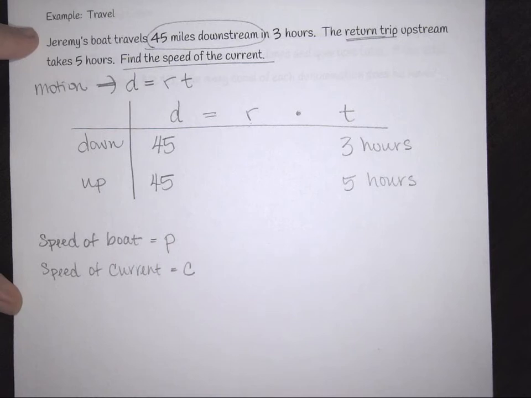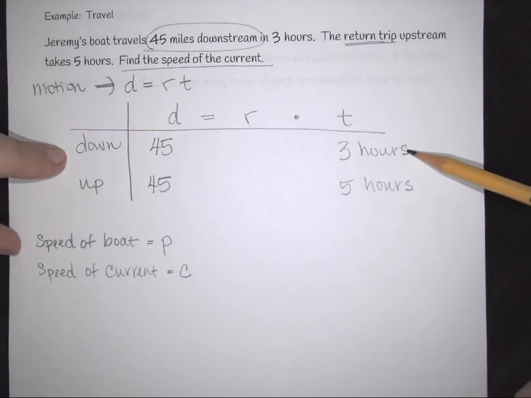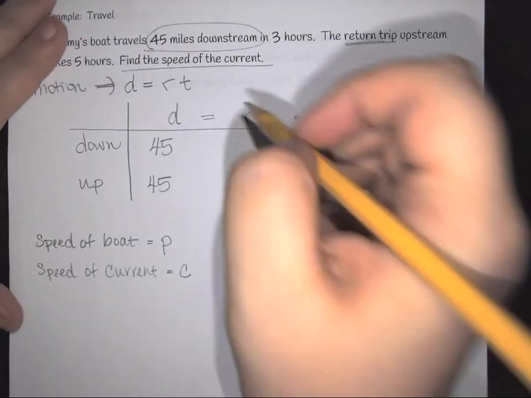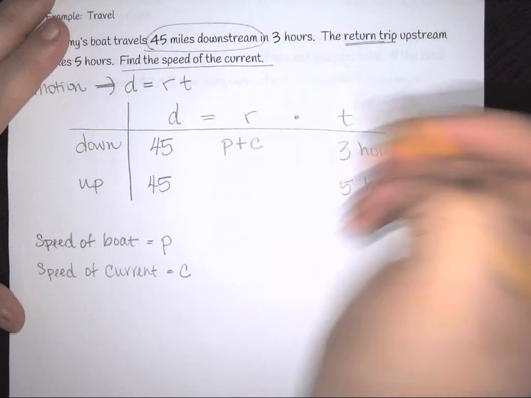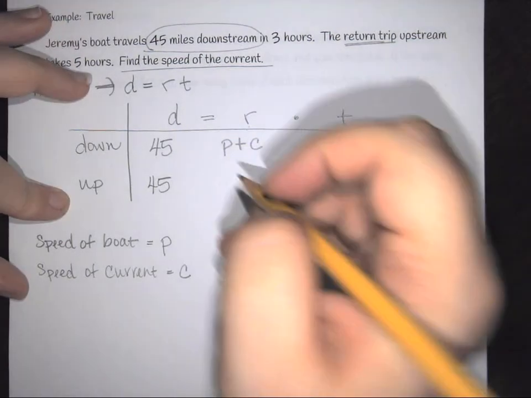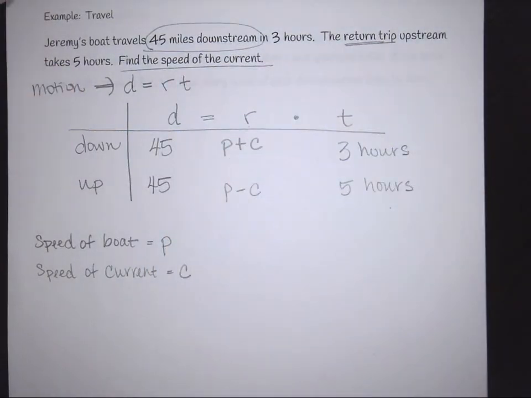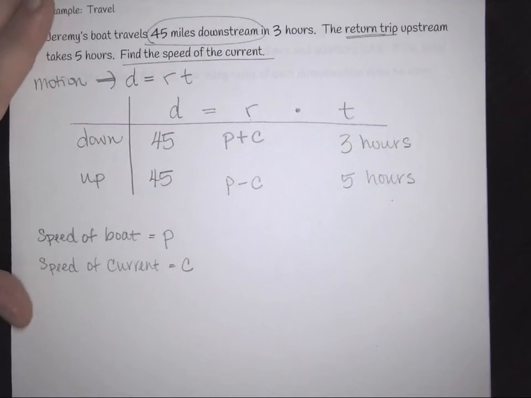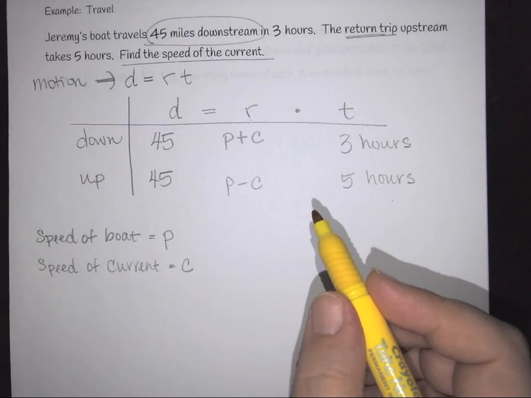And we can call that C. So when we're talking about downstream, if you notice, downstream is a lot faster than upstream. So the current is helping. So my rate is going to be the speed of the boat plus the current. However, upstream is taking a lot longer. So this is going to be the speed of the boat minus the current, because now we're fighting against that current.